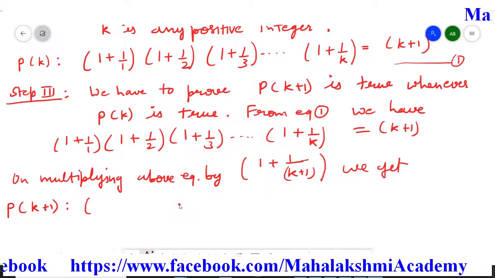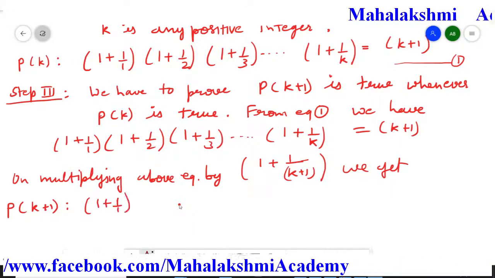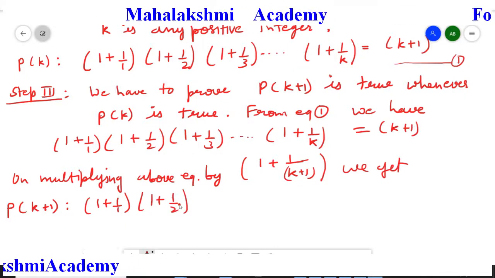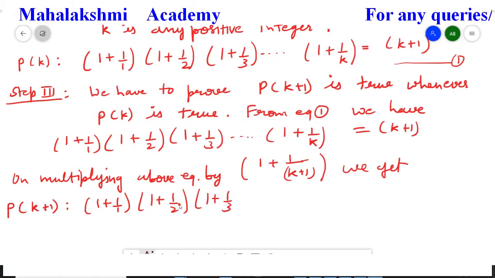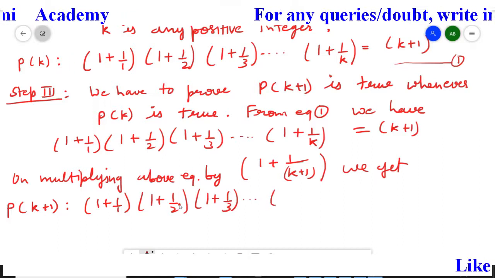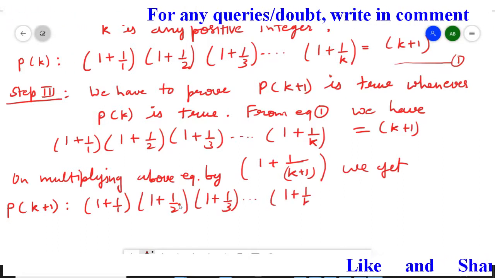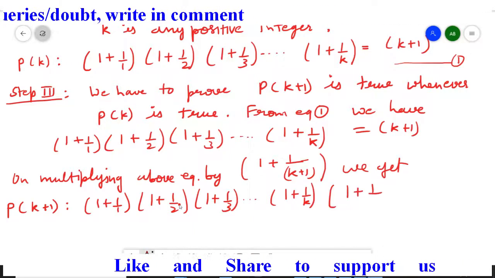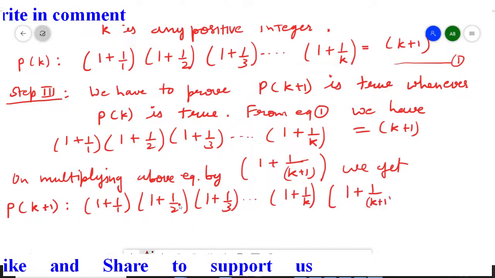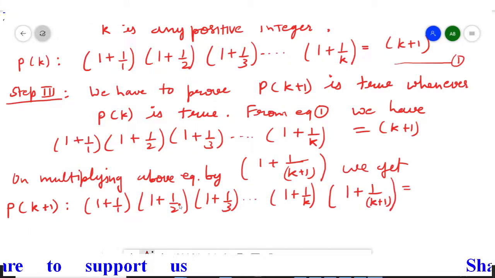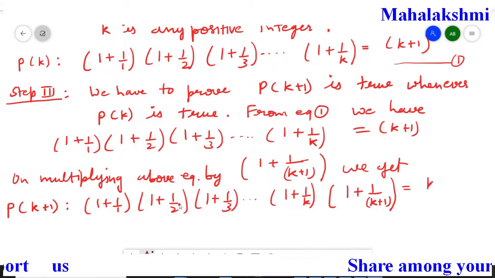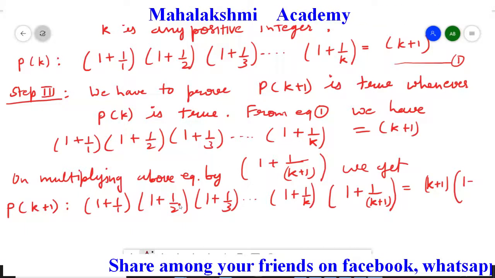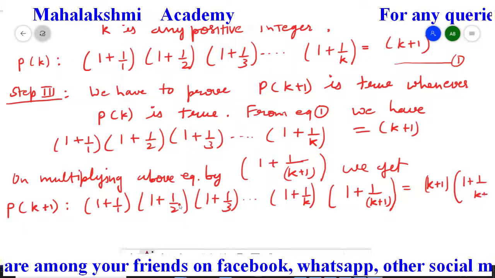The statement is 1 plus 1 upon 1 and 1 plus 1 upon 2, then 1 plus 1 upon 3, and it's extended up to 1 plus 1 upon k, then 1 plus 1 upon k plus 1, and on the right side also we are going to multiply by the same thing, that is 1 plus 1 upon k plus 1.